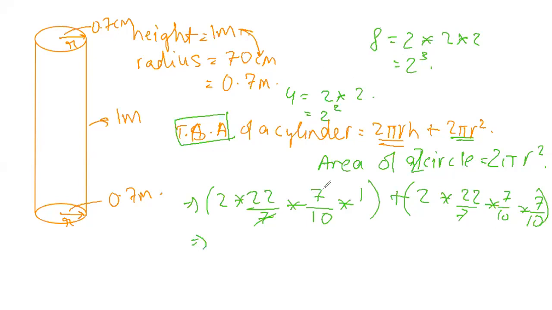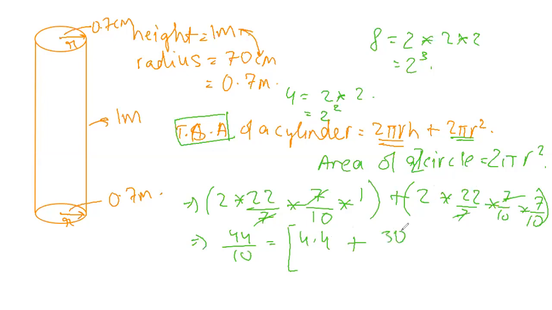So 7 ones are 7, 7 ones are 7. And 2 into 22 is 44. So 44 divided by 10, which is 4.4, plus 2 into 22 is 44, and 44 into 7 is equal to 308.